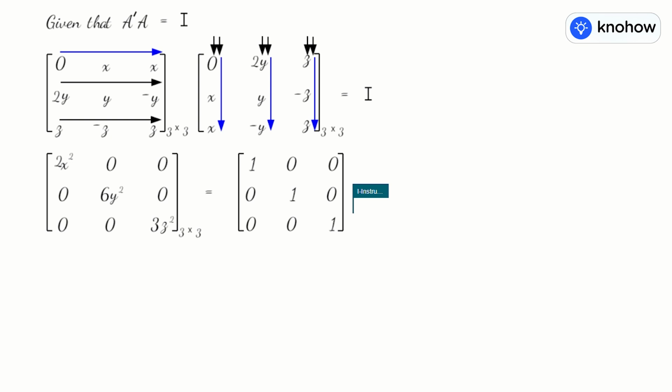So you get 2x square equal to 1, and the rest of them are zeros equal to 0. Replacing a22, you get 6y square equal to 1. Replacing a33, you get 3z square also equal to 1. So x square equal to half, or x is equal to plus minus 1 by root 2.